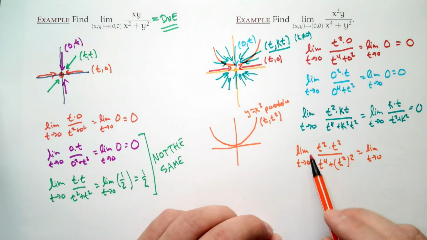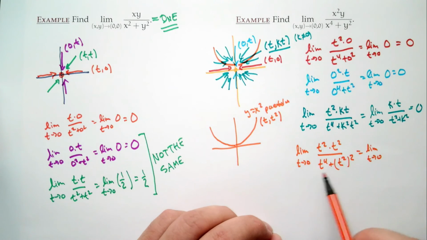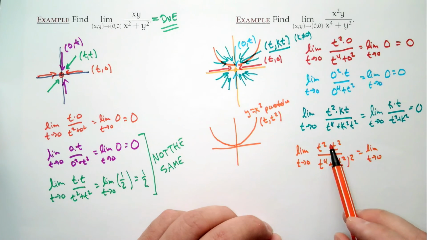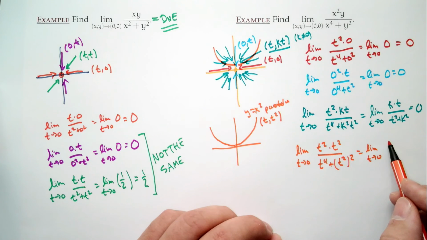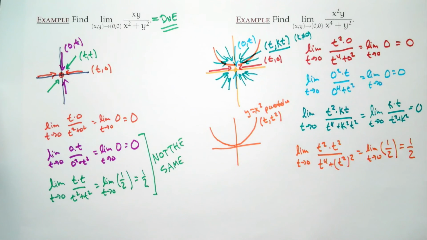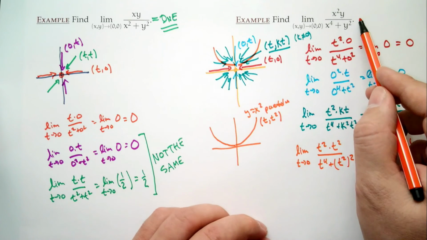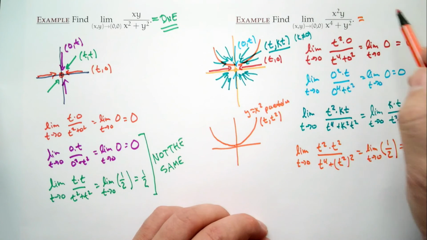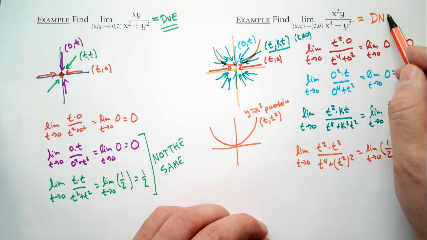Upstairs we get t to the fourth. Downstairs we get t to the fourth plus another t to the fourth. So we get t to the fourth over 2t to the fourth, also known as a half. And that we can take the limit of. And therefore, our answer for this limit is does not exist.